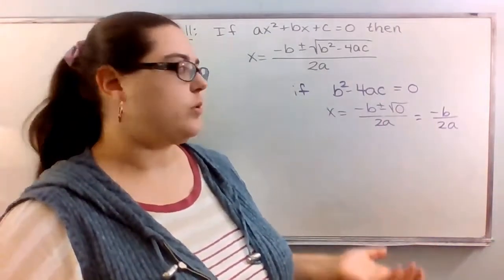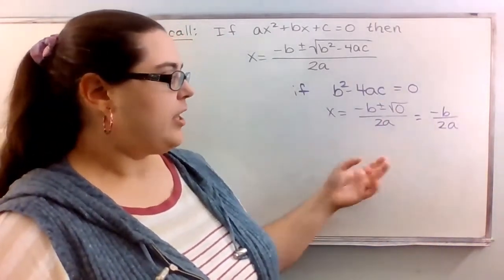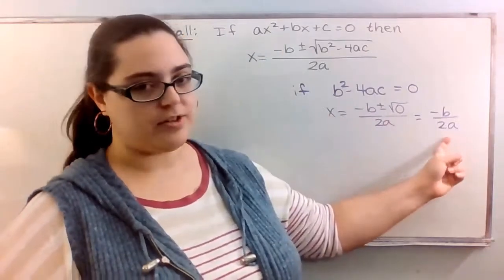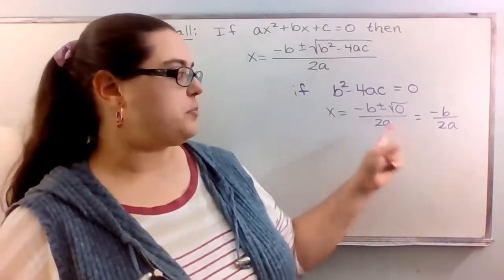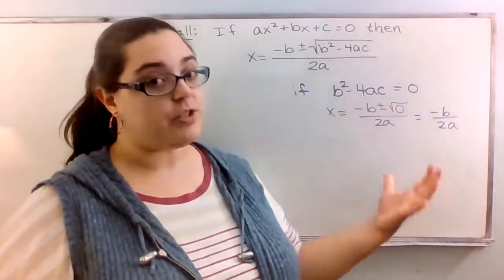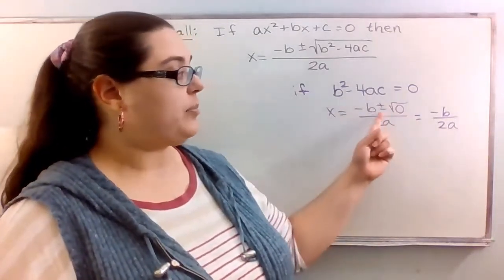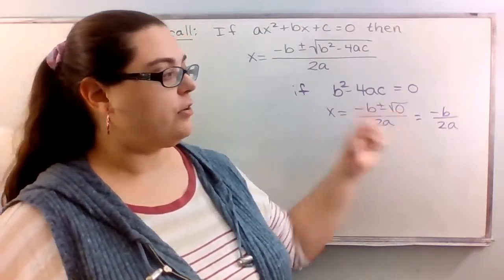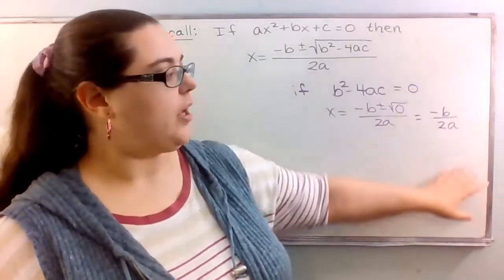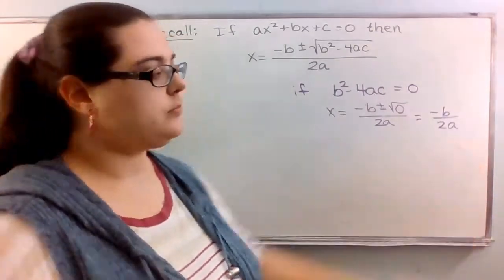What this means is we're going to have a parabola that has only one x-intercept. So this plus minus ordinarily is going to give us two x-intercepts, but because we were plus minusing 0, the plus minus part went away, and we just got one number.